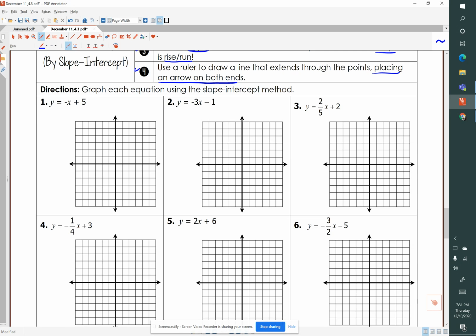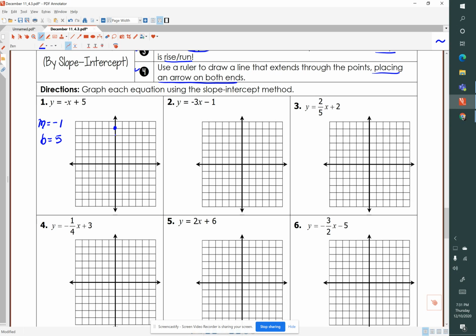So here our m is -1 because we have an invisible 1x, and our y-intercept is 5. So we'll start with the y-intercept, which is 1, 2, 3, 4, 5. And our slope is -1.